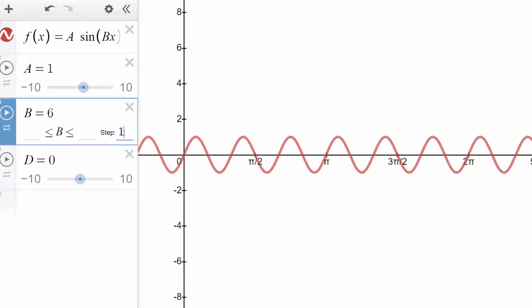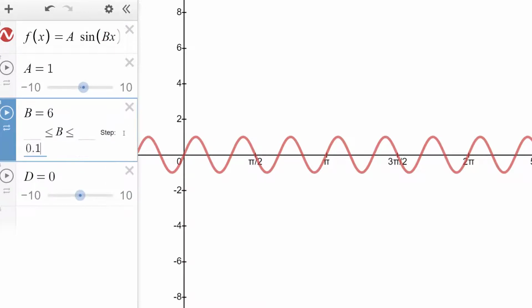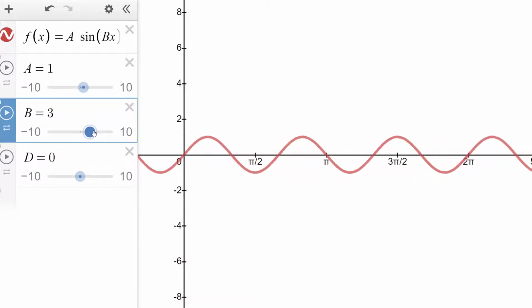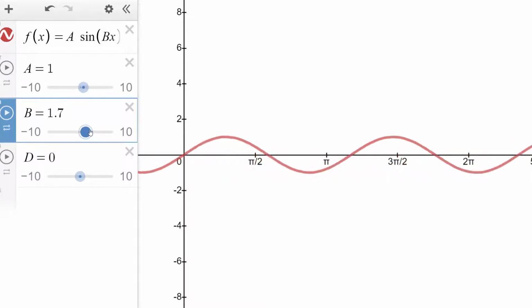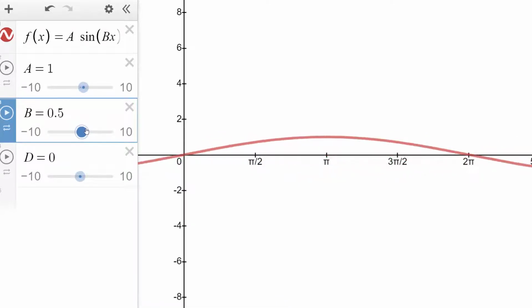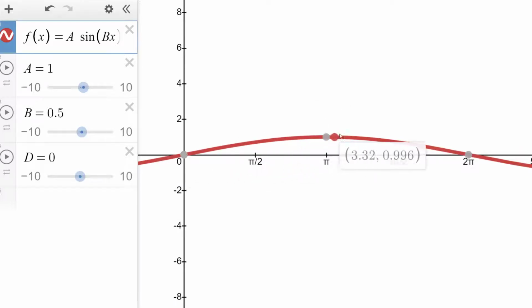Now, I'm going to turn off the step size. We'll step by maybe a size of 0.1, and I'll drag that down. Notice as the numbers get smaller, it's like a slinky that you're pulling out wider and wider. So it gets more and more elongated. For b equals a half, it only goes through half a cycle between 0 and 2 pi.